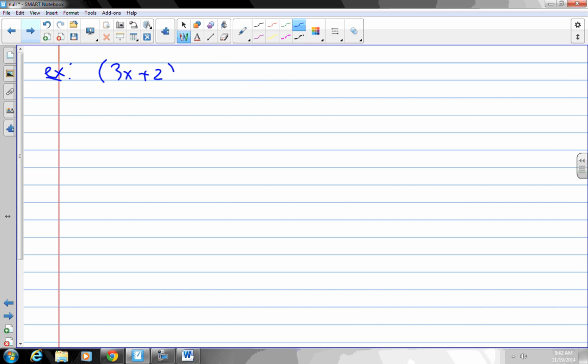3x plus 2 squared plus 7 times 3x plus 2 minus 8 equals 0. We can solve this problem with brute force. We can open up all the parentheses, combine like terms, and then see where that leads us. It's going to be messy if I do it like that.